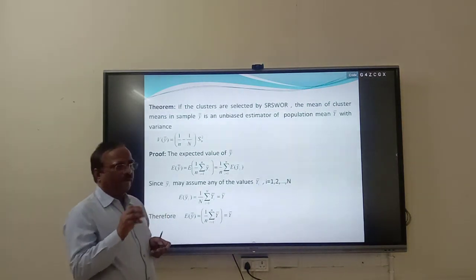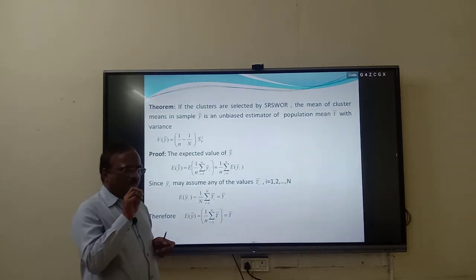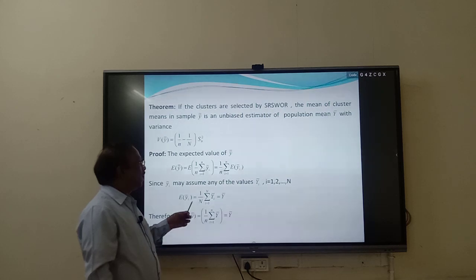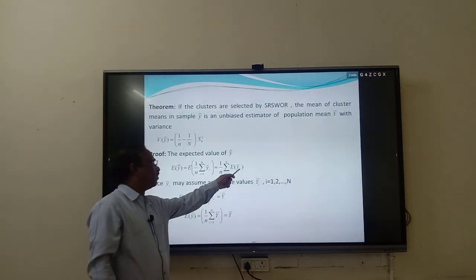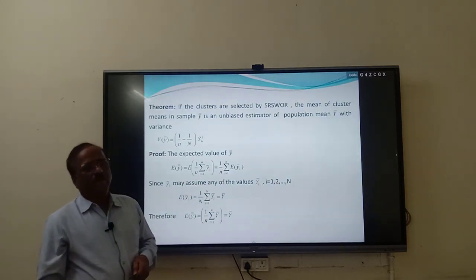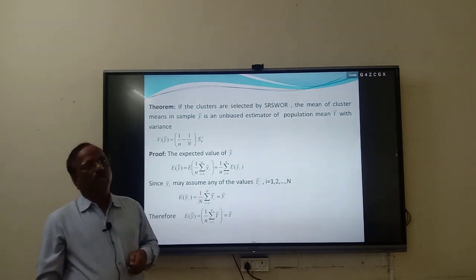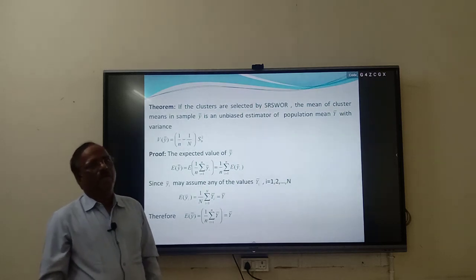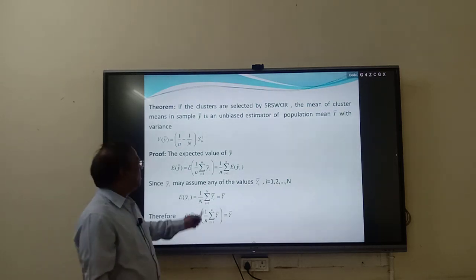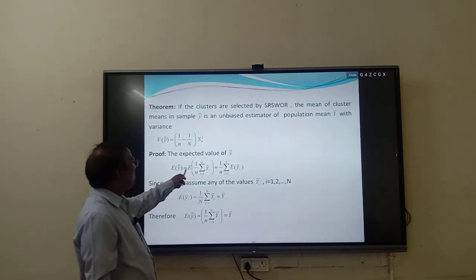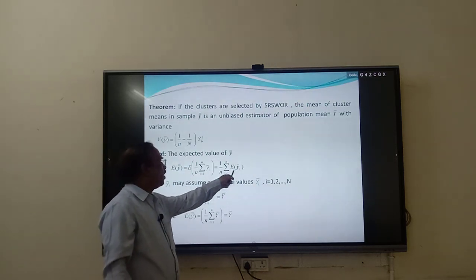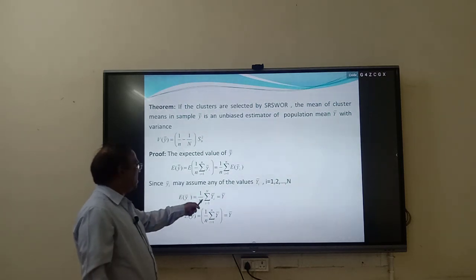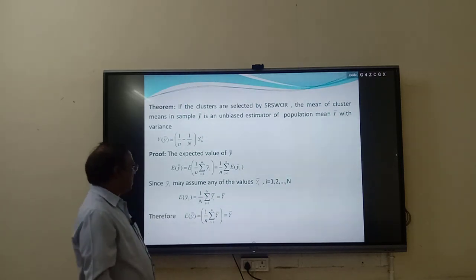We are taking the ith cluster from capital N clusters. So this small yi dot bar, the mean due to the ith cluster, may be any of the values Y1 dot bar, Y2 dot bar, up to YN dot bar in the population.